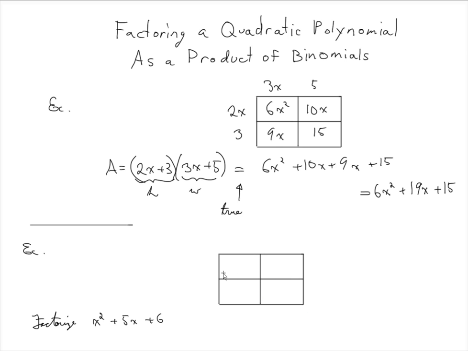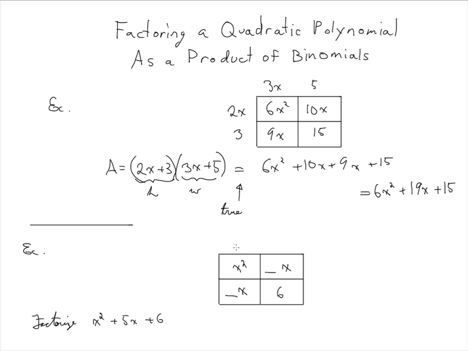Okay, so we've got stuff now inside the rectangle. So x squared and 6. And then these numbers in the blanks have to add up to 5, just like they did before. Numbers in the blanks have to add up to this middle number here.